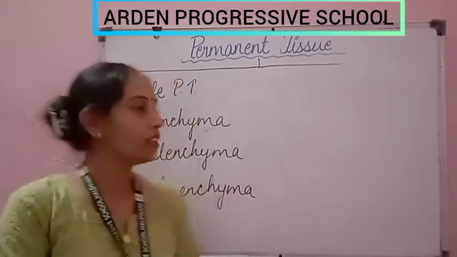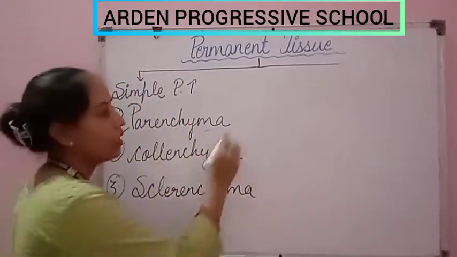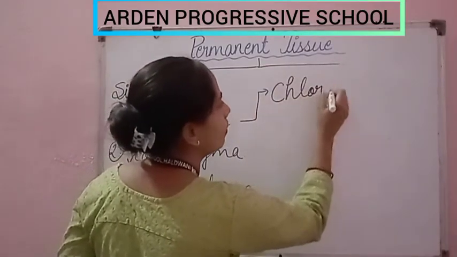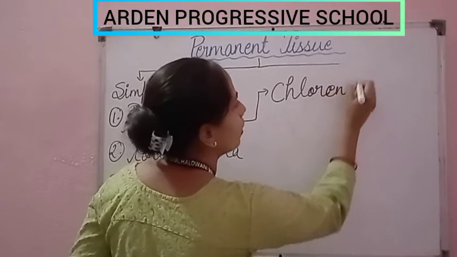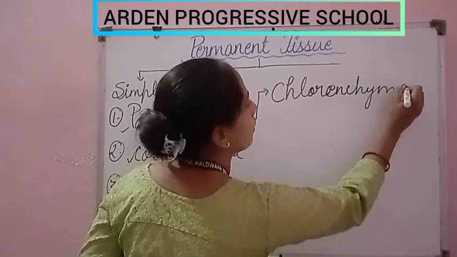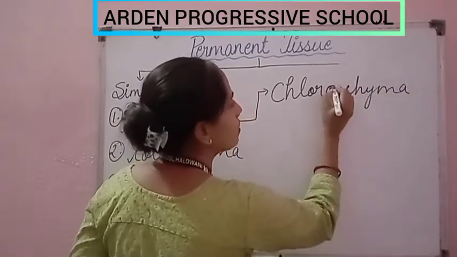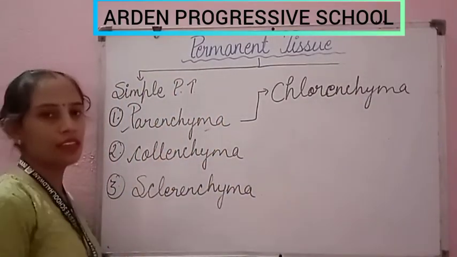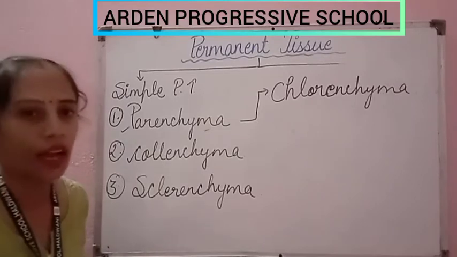At that time, the parenchymatous tissue is known as chlorenchyma. When they perform the function of photosynthesis, at that time the parenchyma is known as chlorenchyma.